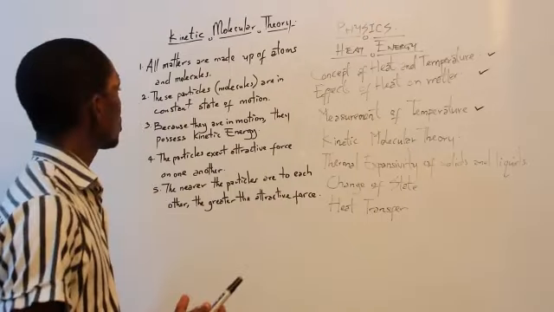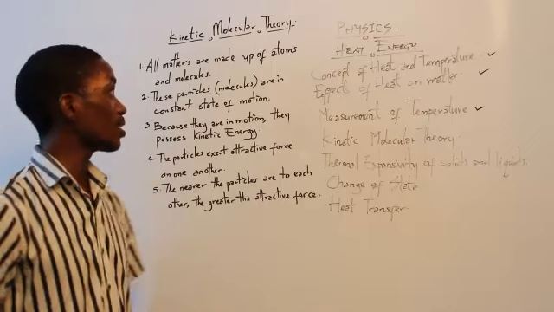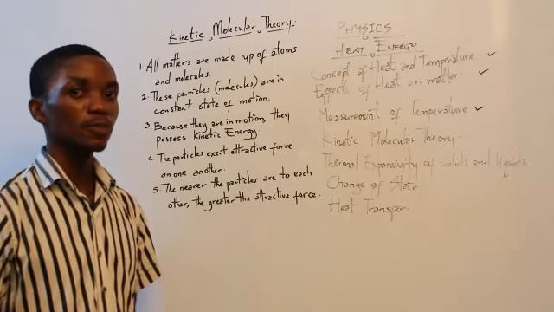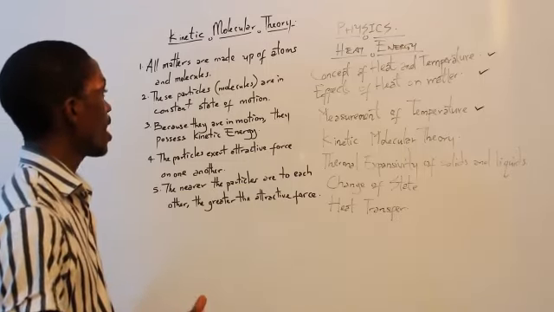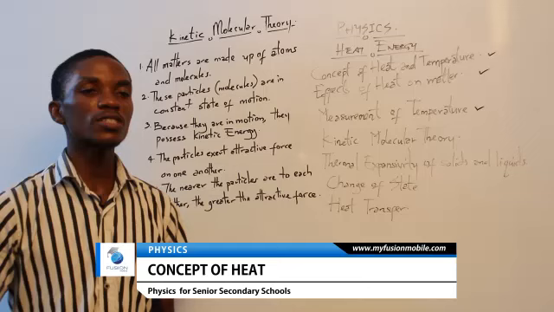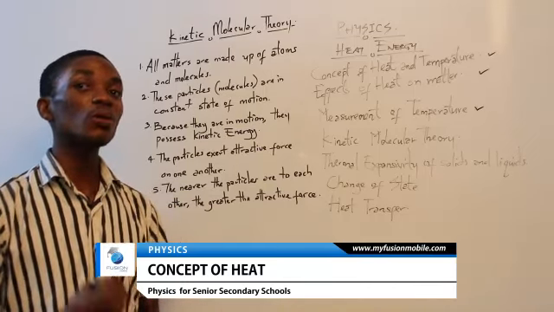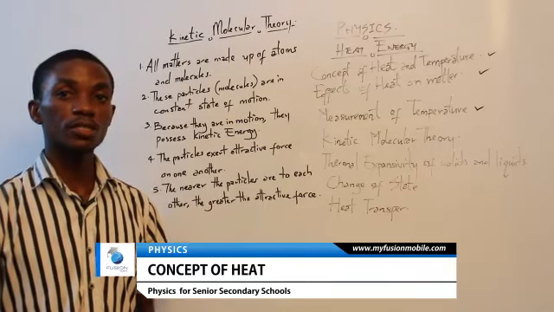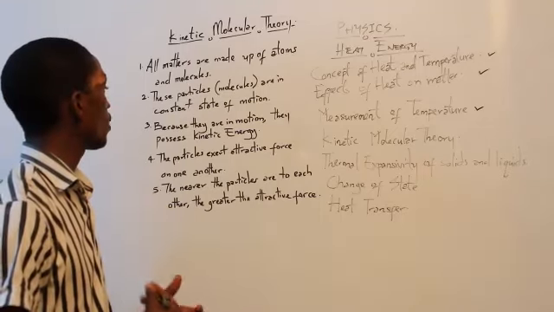It's a series of theories, a series of proposals, and the first one says that all matter is made up of atoms. These atoms are connected together, and these particles are in constant motion. The second theory states that they are in a constant state of random motion.